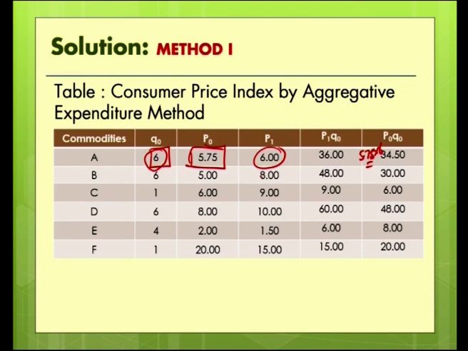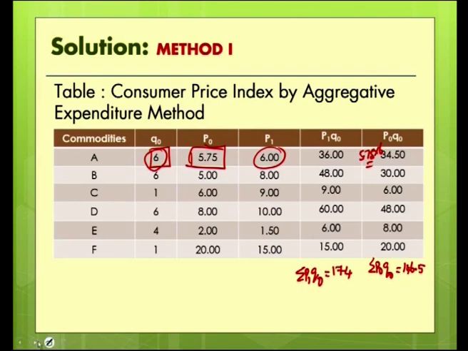Similarly, P1 Q naught is 8 into 6 is 48 and P naught Q naught is 5 into 6 is 30. And their respective summations: summation P1 Q naught is equal to 174 and summation P naught Q naught is equal to 146.5.